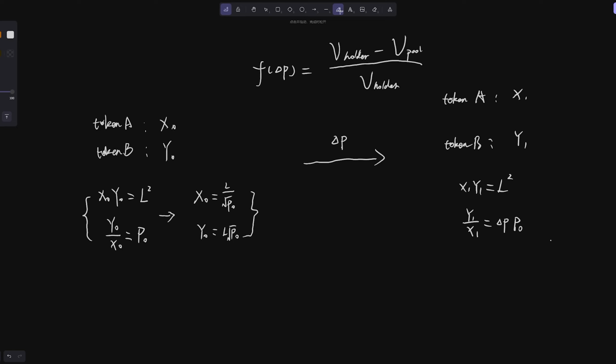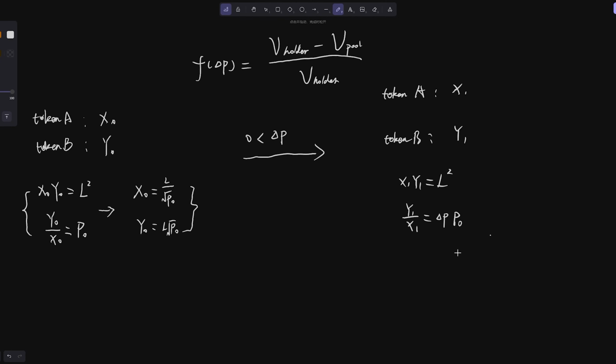Delta P here is a number greater than 0. Again, we can solve for these two equations, which is these two expressions. Okay, now we have all the expressions we need.